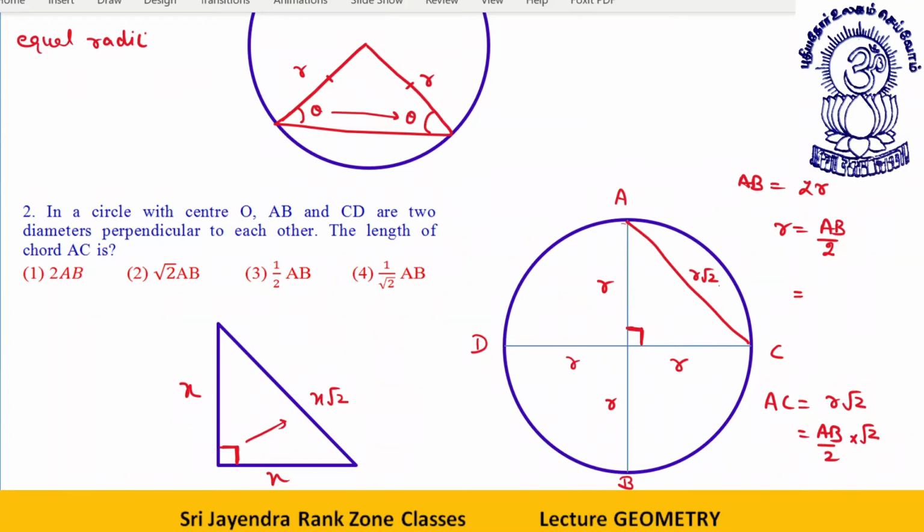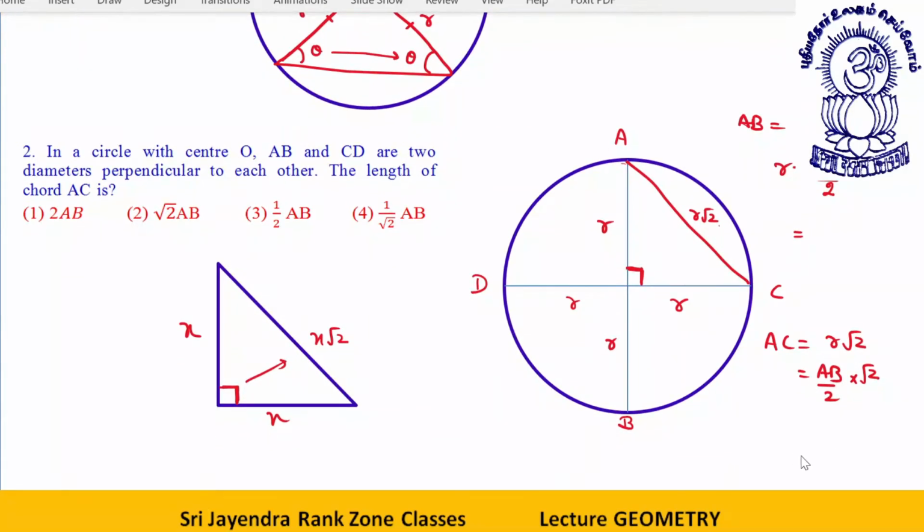That is, your answer becomes 1 by root 2 AB. Do we have any such option? Yes, we have one option. Option number 4 is your answer. You can copy it. Okay, dear students, should I move ahead? Fine. Let's take the next one.